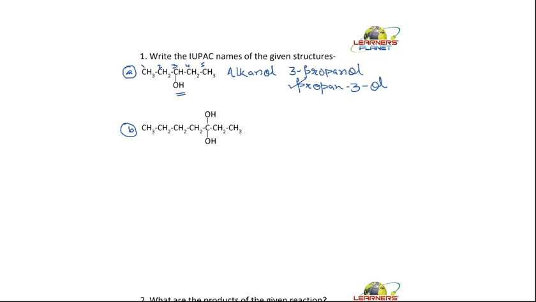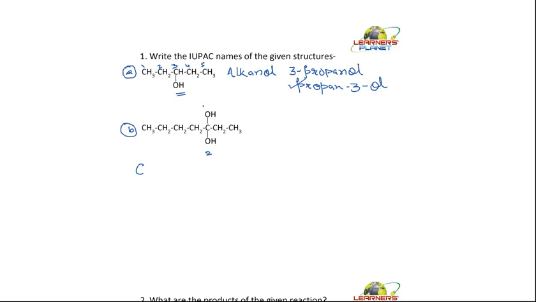right? Now your next compound, this has got how many hydroxyl groups here? This has got 2 hydroxyl groups. This is again an alcohol. Now from which side we should number?